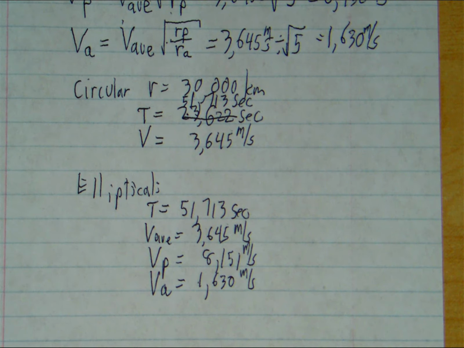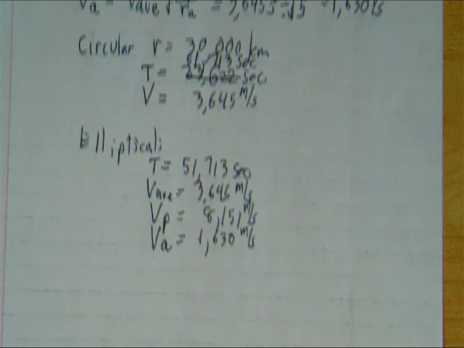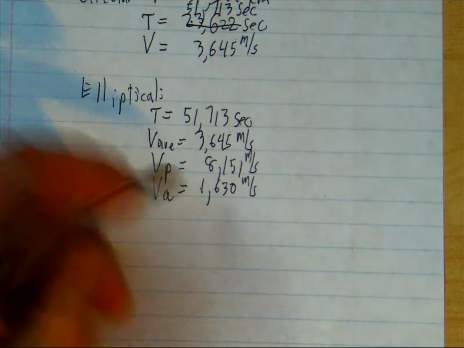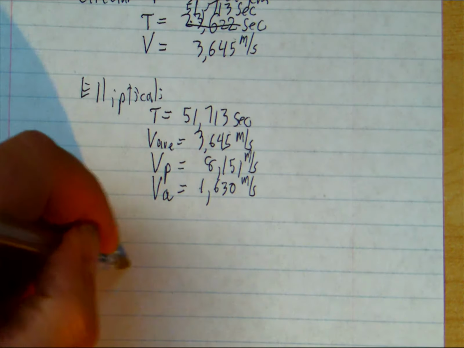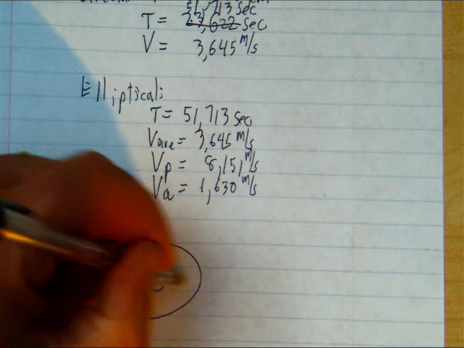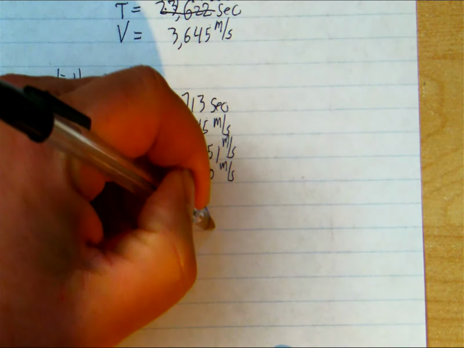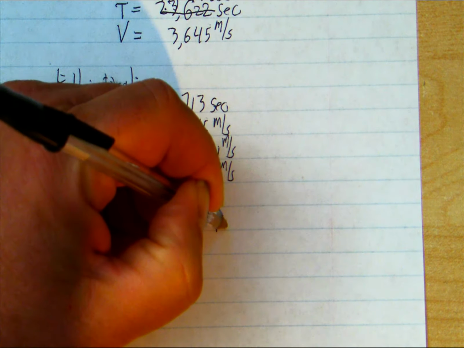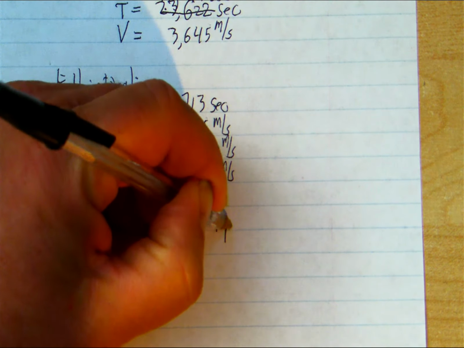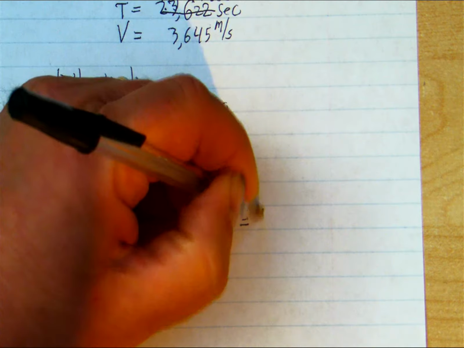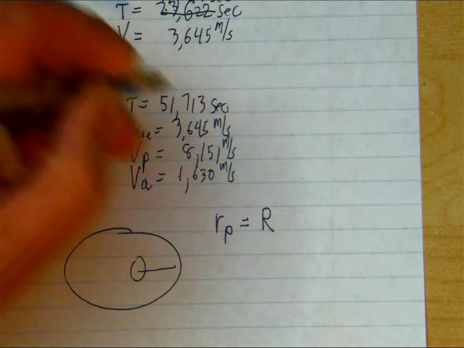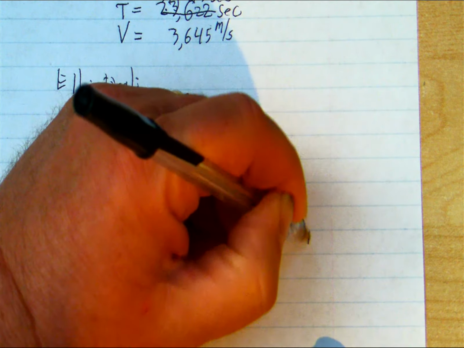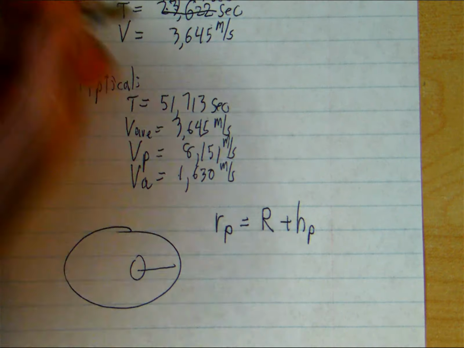Okay, so that's the new skill for you to become masters of. Anytime that we have an elliptical orbit, the periapsis radius is equal to the radius of the planet plus the periapsis altitude.